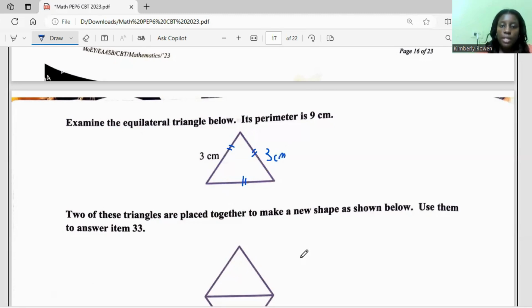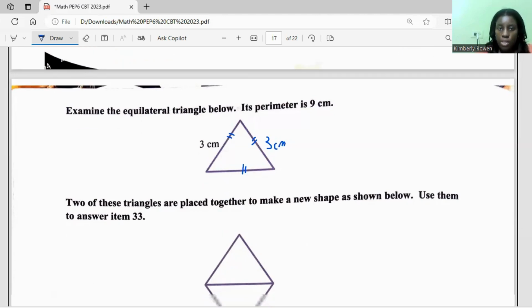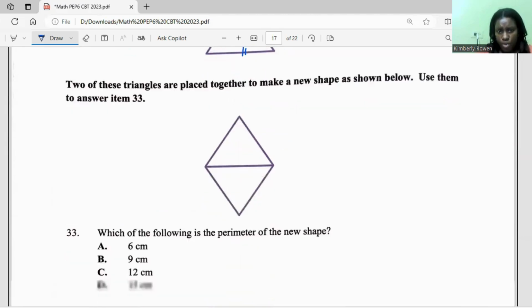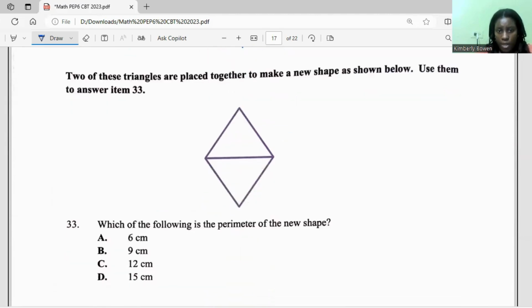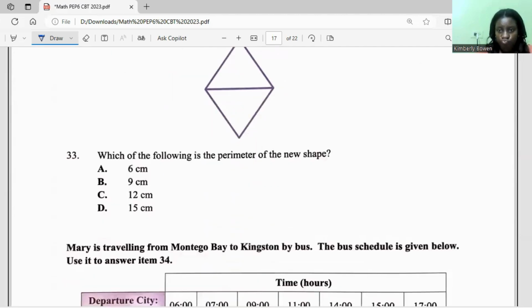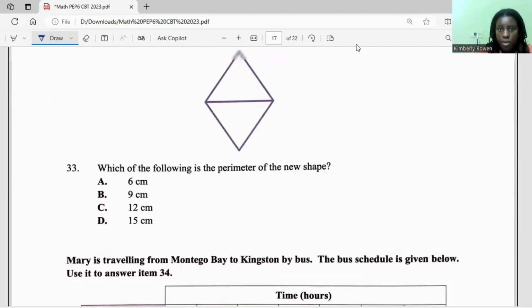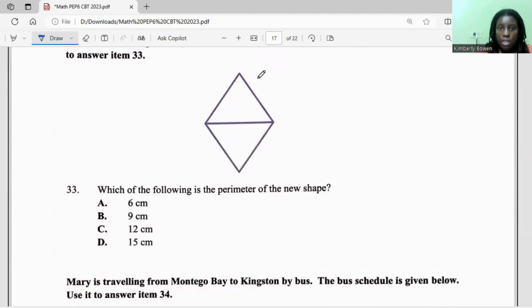Two of these triangles are placed together to make a new shape as shown below. Which of the following is the perimeter of the new shape? So 6 on the 2 sides and then 6 for the 2 bottom sides. We're not counting the inside, so the other perimeters are wrong. So the answer is 12.